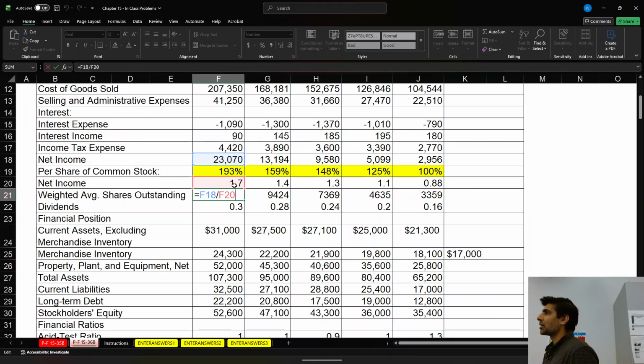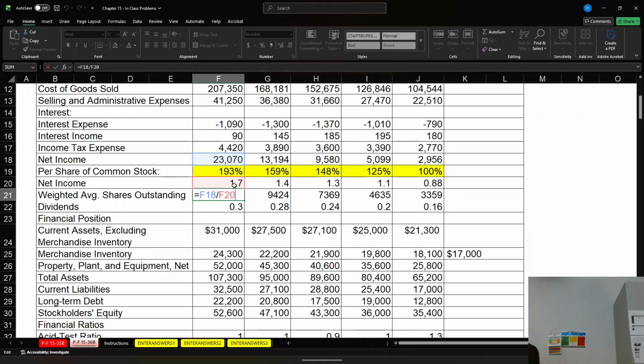So you're not calculating a weighted average here, because in this formula, this is the weighted average number of shares. We don't have to take the beginning and the end of the year. There's no way to know. Given the information we have, which is earnings per share and net income, the only thing we can solve for is the weighted average number of shares. We don't have enough data.